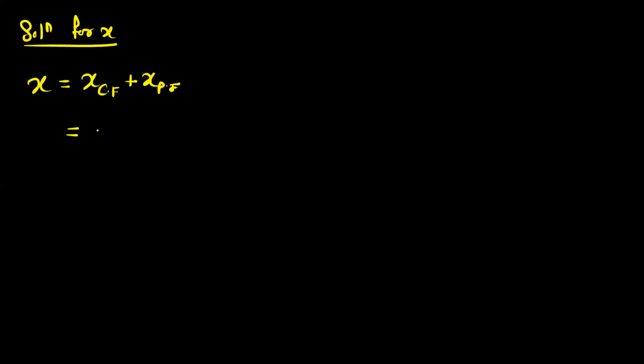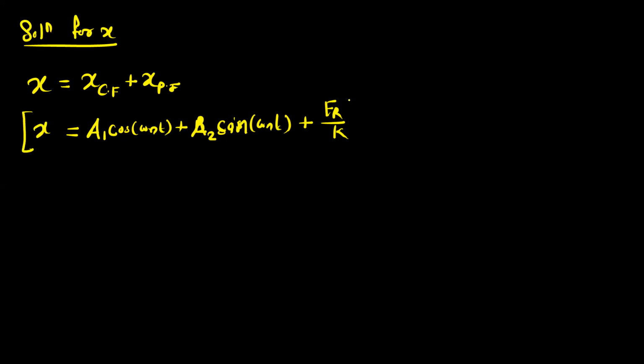So this is equal to a1 cos omega n t plus a2 sin omega n t plus Fr upon k. Okay. So this is the equation for x.